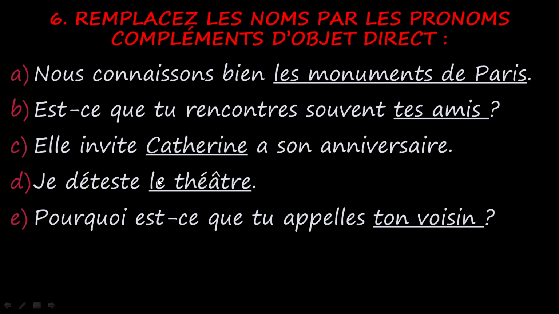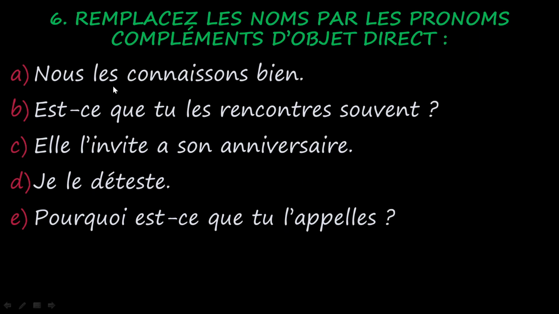Le, the same le. But where will you place it? Before the verb. Pourquoi est-ce que tu le appelles? But here the verb starts with a vowel, so le changes to l'apostrophe. Oui, voilà: tu l'appelles. So you can see the answers now here. Nous les connaissons bien. Est-ce que tu les rencontres souvent?